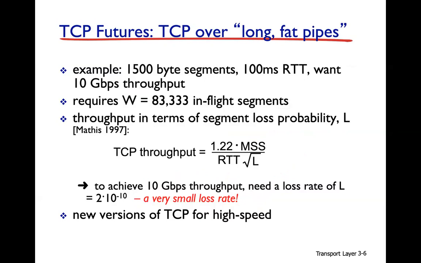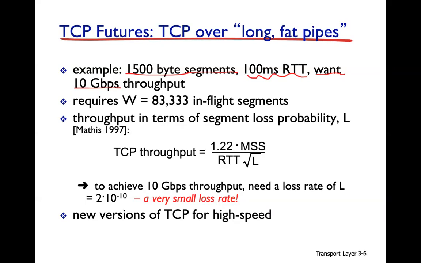In the high-speed network, we have very long and flat pipes. We want 10 gigabit per second throughput, and our round trip time is long, 100 milliseconds, and our segment is very large, 1,500 bytes.